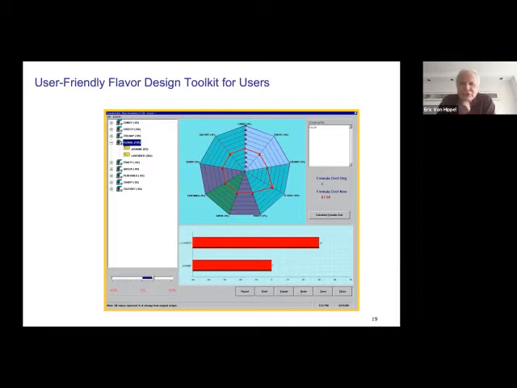So what we'll do is we'll create a flavor design toolkit for you. It has no chemicals in it at all. If you look at these things there, it has your language, like flavor of cheesy, creamy, and so on. And you as the customer, you taste, you pull one of these levers to get yourself an increased amount of floral if you feel that's what you need, and you taste again.